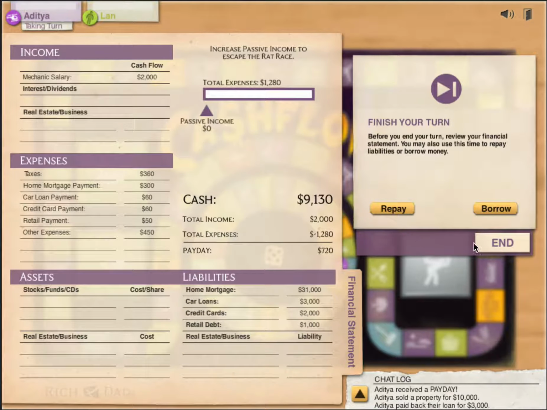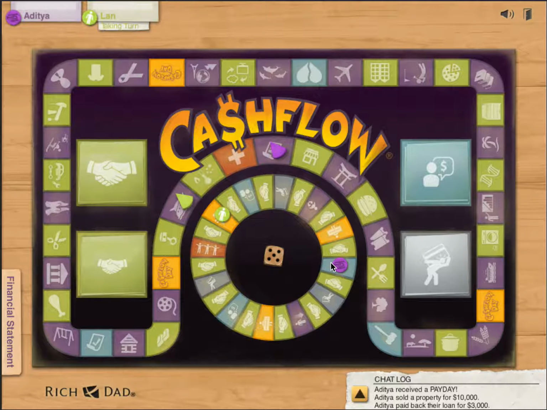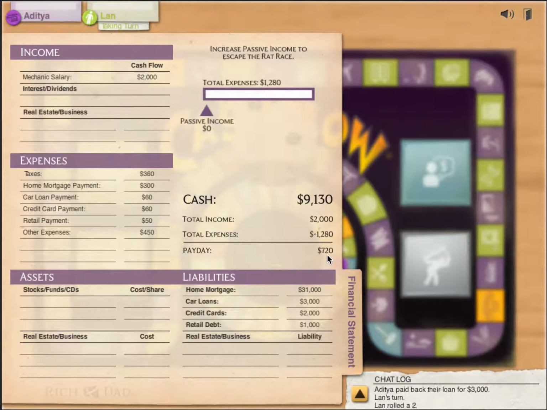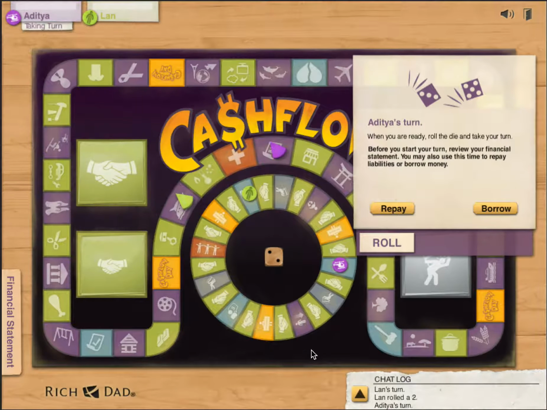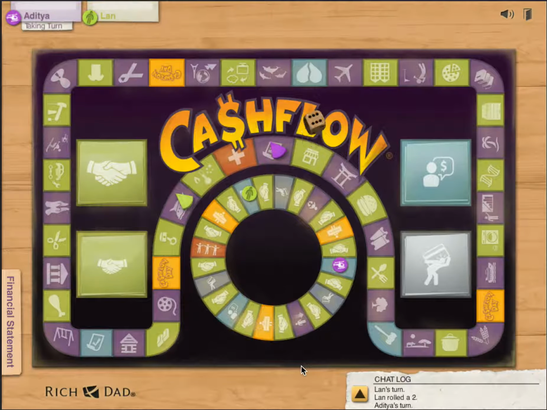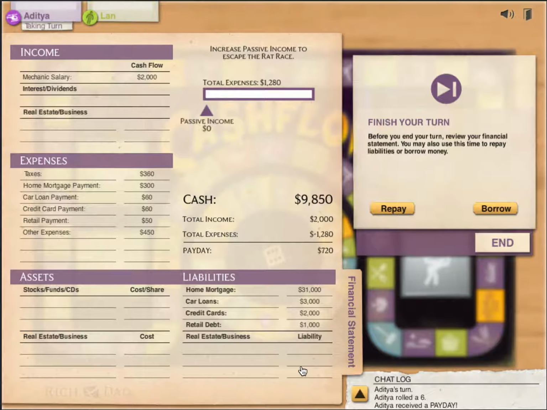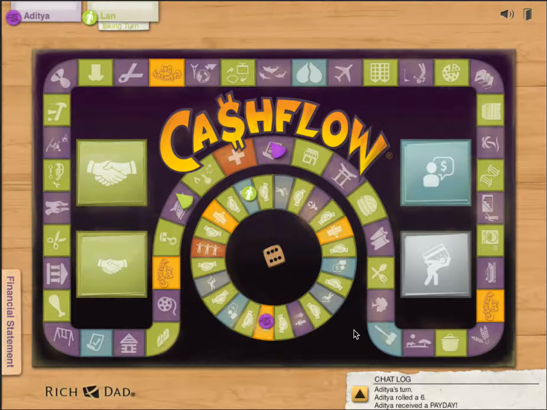So now that I pay that off, my payday is back to $720. I lose the $220 cash flow from that, but I now have $9,000 in cash to play with. I'm not going to repay any of those. I'll keep the cash and continue looking for deals.